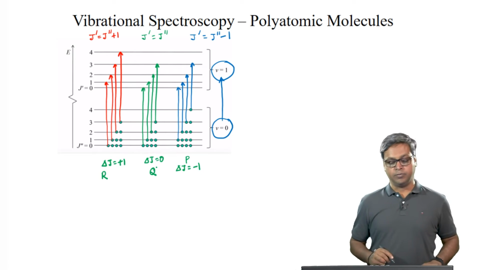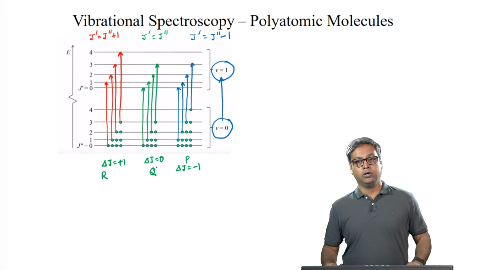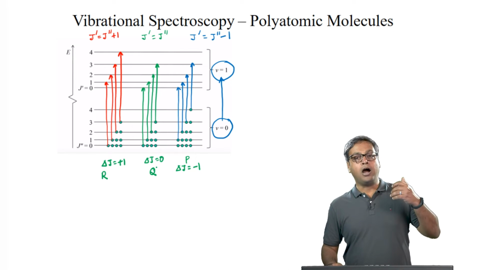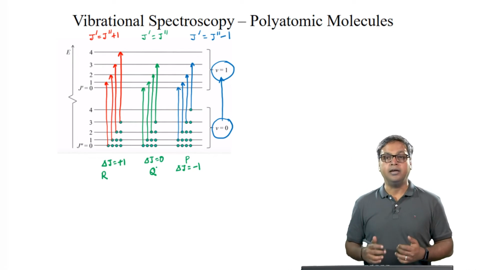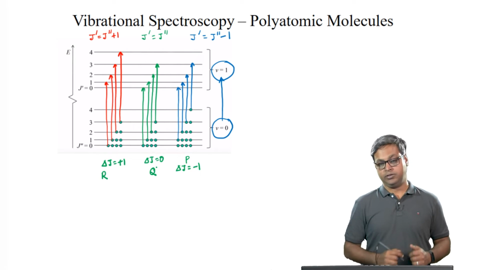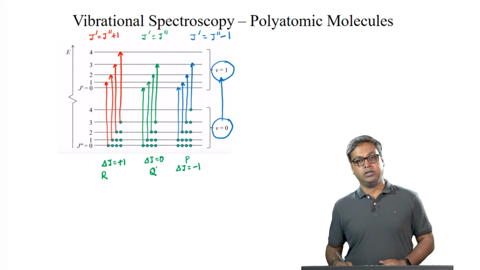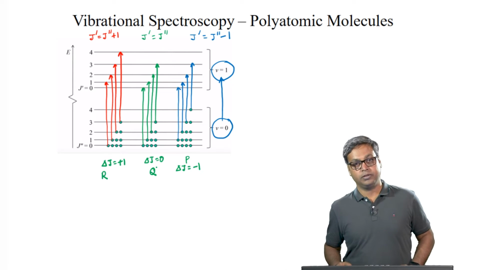This is my Q branch. We can see that the R branch transitions occur at frequencies that are higher than the fundamental frequency. For the P branch, they are at lower frequencies than the fundamental.